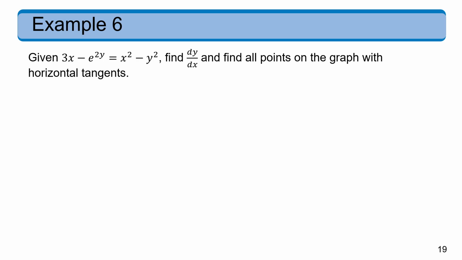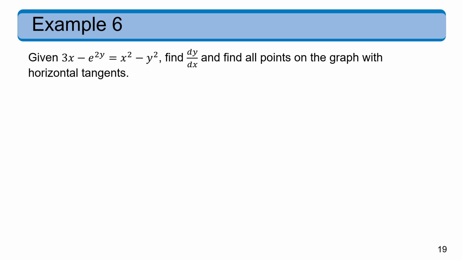It's not solved for y. If we could solve it for y, we could put it in that form, and that would make it easier to find the derivative. But this one would be really impossible to solve for y, mainly because we've got one y in the exponent and another y that's not in the exponent. There's no way to solve for y in that situation.